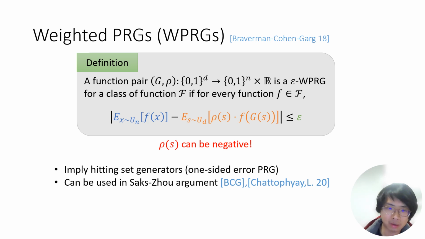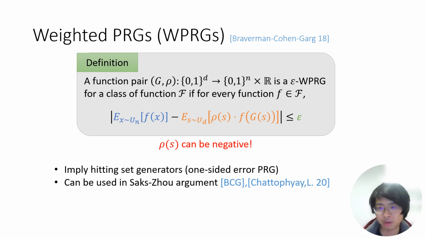If we are trying to use the weighted PRG to approximate the expectation of a function f on the uniform distribution, instead of just taking the average of f on the outputs of G, we take the weighted average. An important feature of this definition is that the real weight rho can actually be negative. It turns out that allowing it to be negative can make this definition surprisingly powerful.